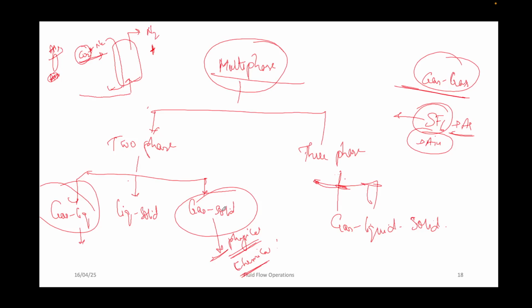Okay, so roasting of ores is also an example of a gas solid reaction. Combustion, gasification, coking, calcination, carbonization, fluid coking, catalytic regeneration. All these examples come under gas solid reactions. And then we also have liquid liquid systems.